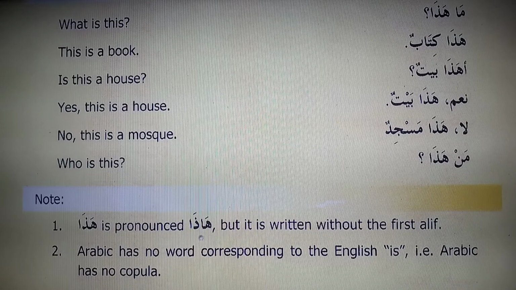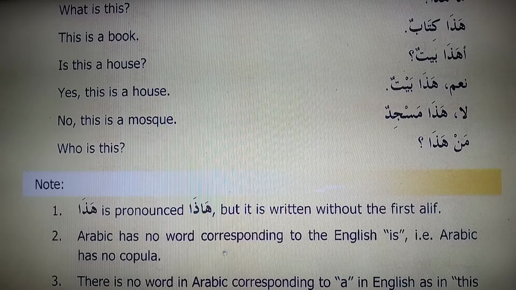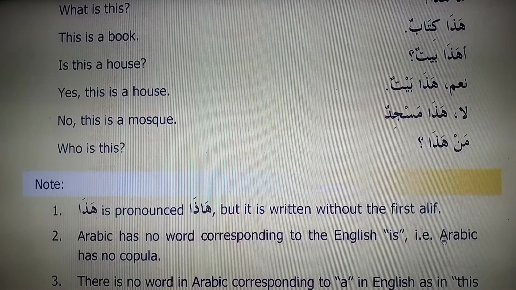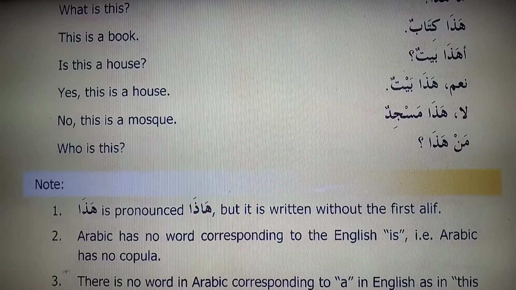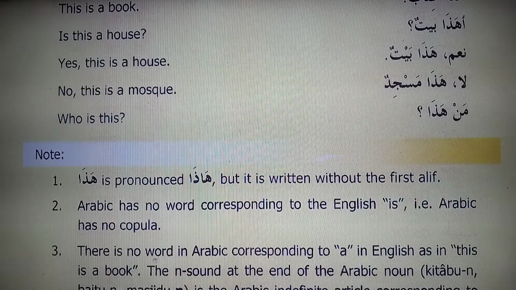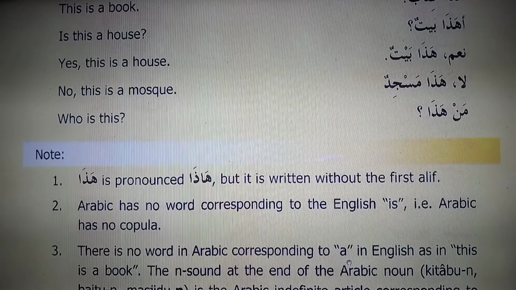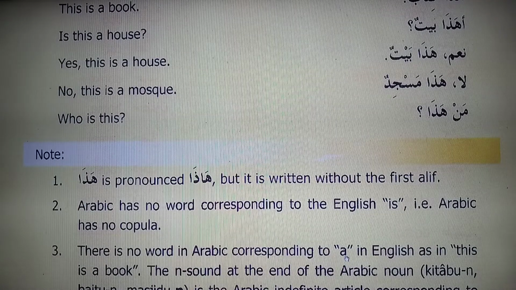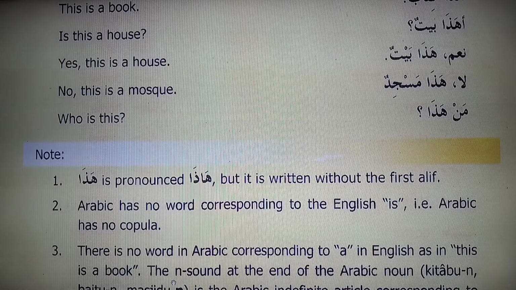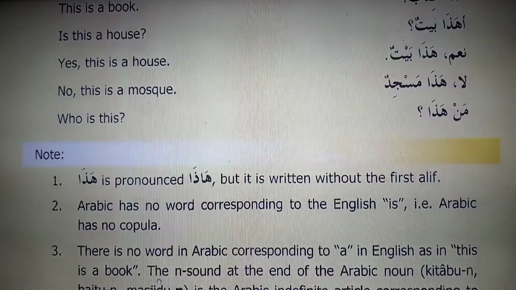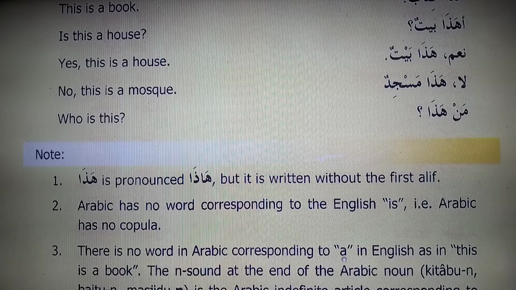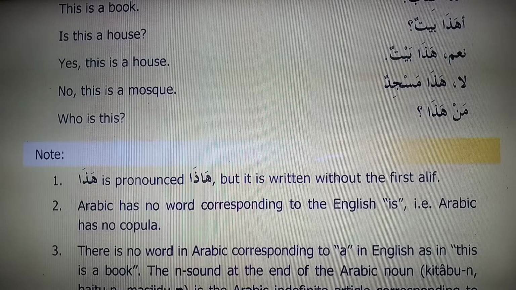Arabic has no word corresponding to the English "is". For instance, Arabic has no copula. And furthermore, there is no word in Arabic corresponding to "a" in English, as in this is a book.